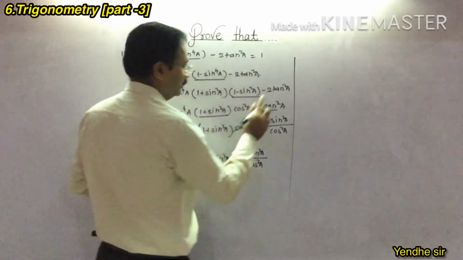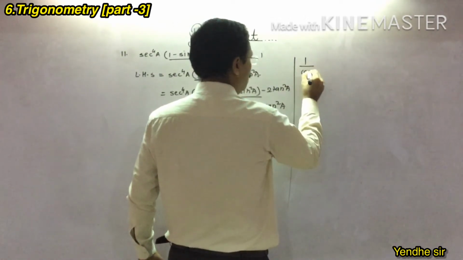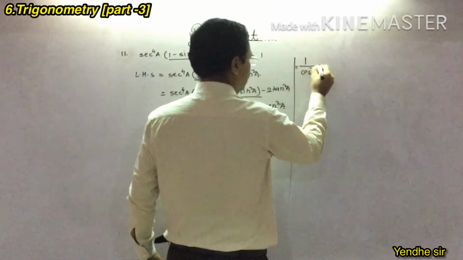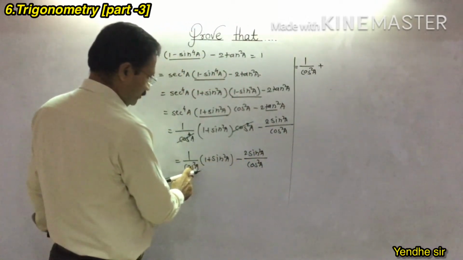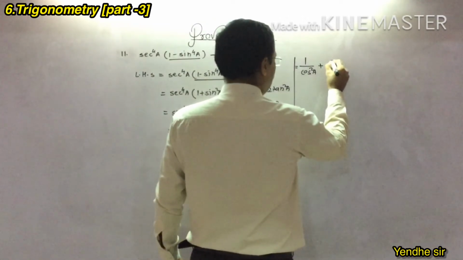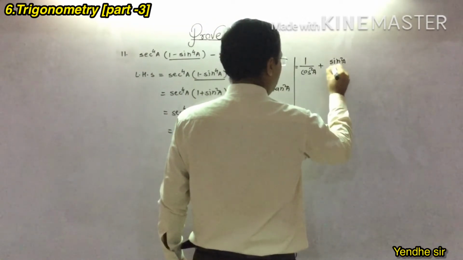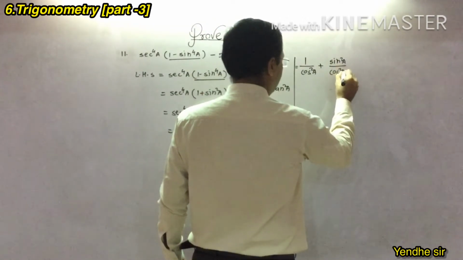This into 1. So 1 upon cos square a plus, if you multiply to this one, you will get sin square a upon cos square a.